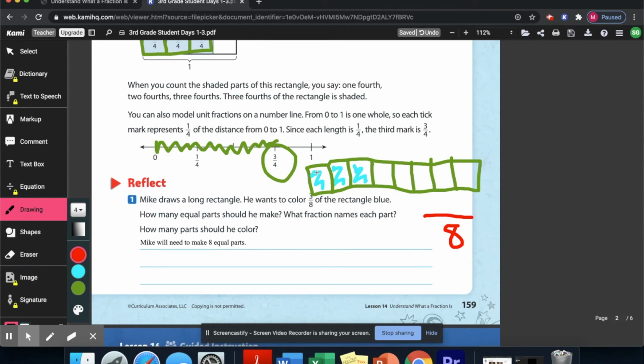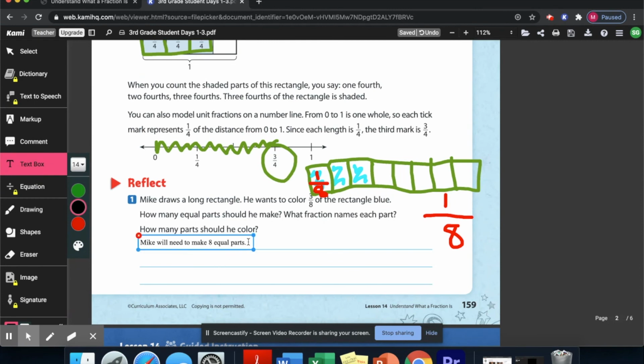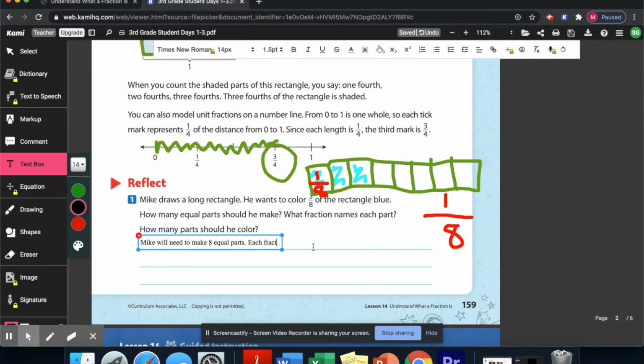So I already said it, 1/8. That's one of these. And I can write it in there, or I can write it to the side, however you want to do it. So now I can go back and go, okay, I know the answer. Each fraction part is called 1/8.